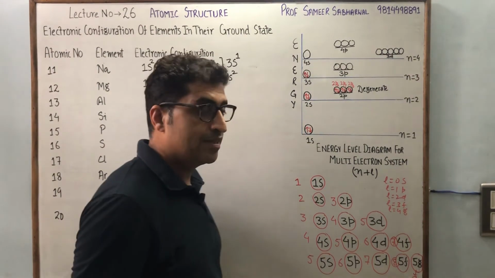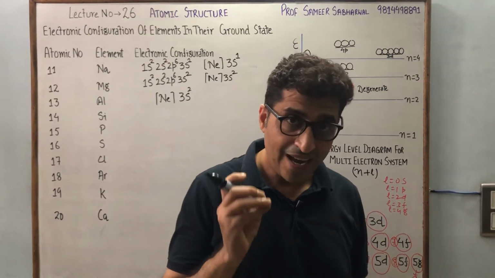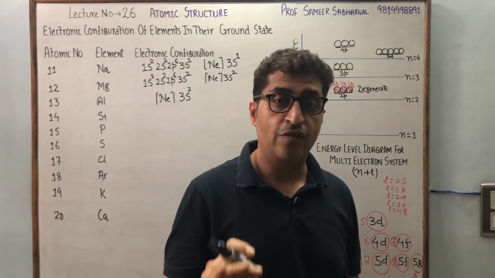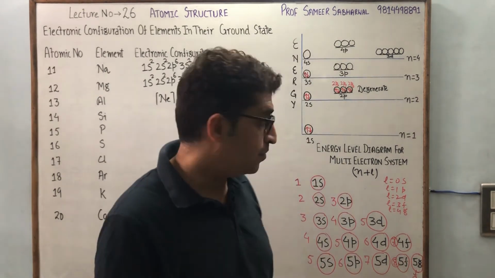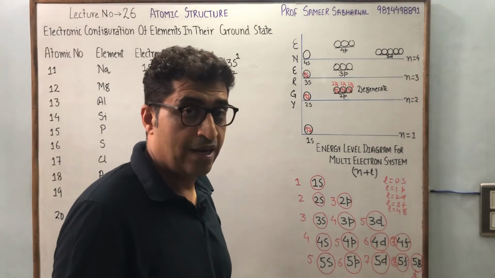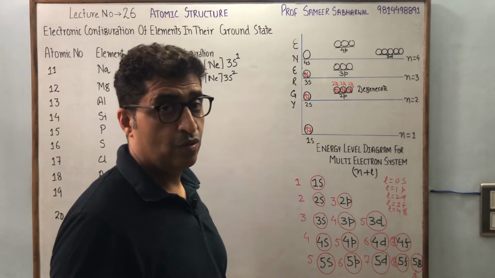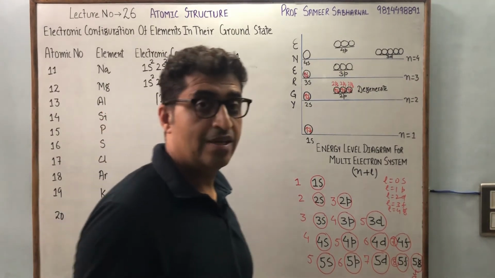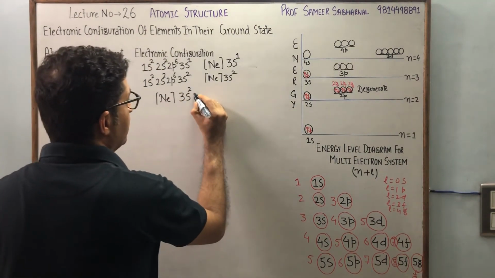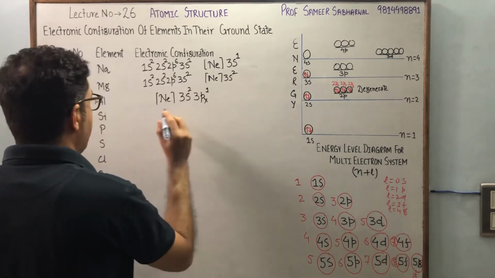So rule says if n plus l value is same, then the electron will move to that subshell for which value of n is less. जब 3p and 4s की टर्न आती है तो इलेक्ट्रॉन किस में जाएगा, n प्लस l दोनों का सेम है, तो इलेक्ट्रॉन उसमें जाएगा जिसमें n का वैल्यू कम है. तो क्योंकि 3p के लिए n का वैल्यू कम है इसीलिए इलेक्ट्रॉन 3p में जाएगा. So I write it as 3s2 3px1, जैसे मैंने 2p सबशेल में मेंशन किया.